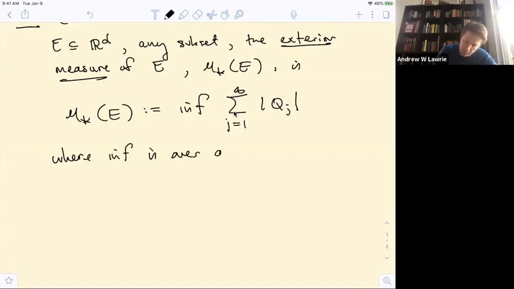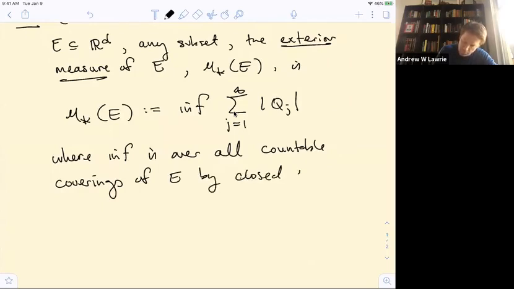So E is inside the union from j equals 1 to infinity of the Q_j's.